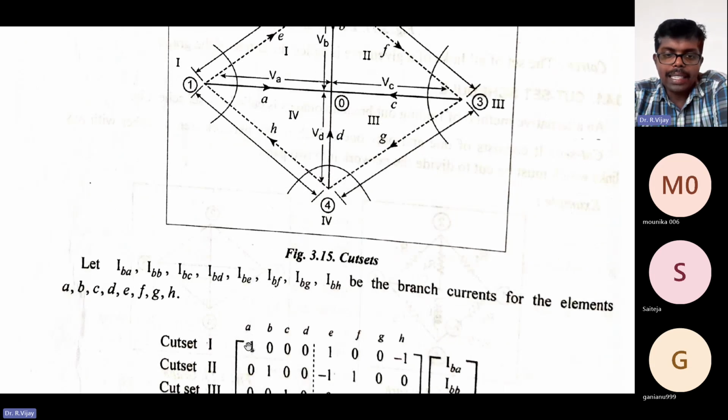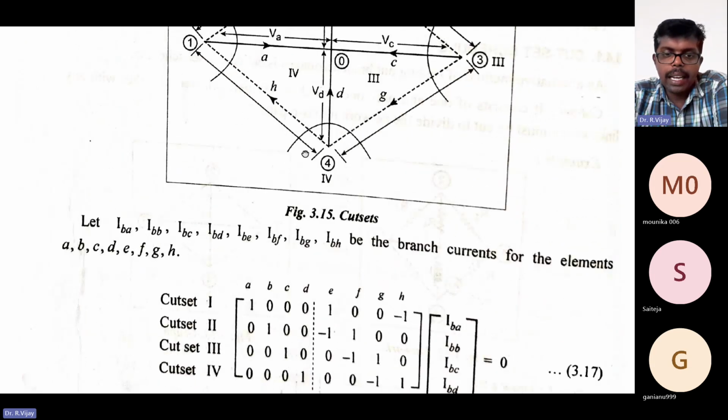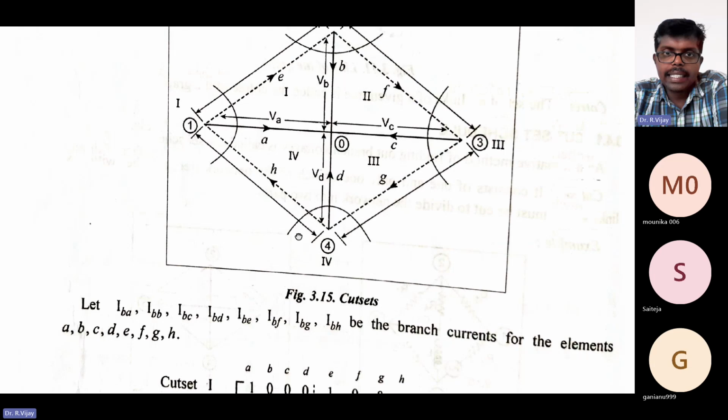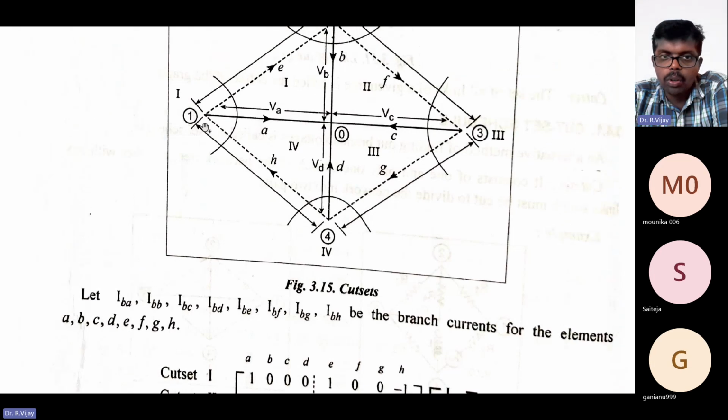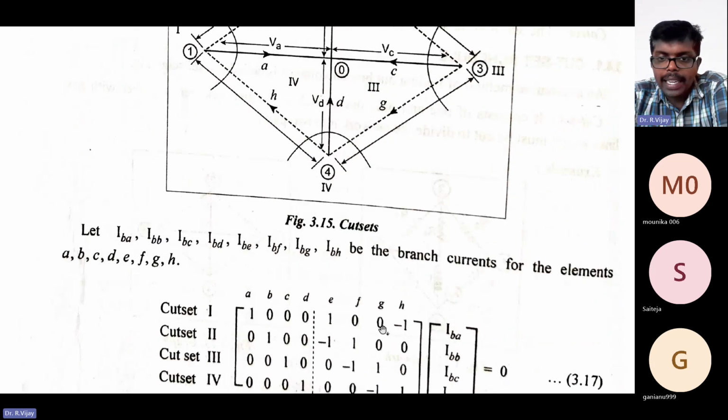So from the cut set 1, whichever current is going out, we need to take as 1. Whichever current is coming inside to the cut set 1, that is node number 1, we need to take as -1.